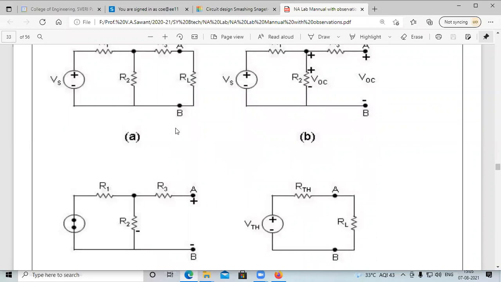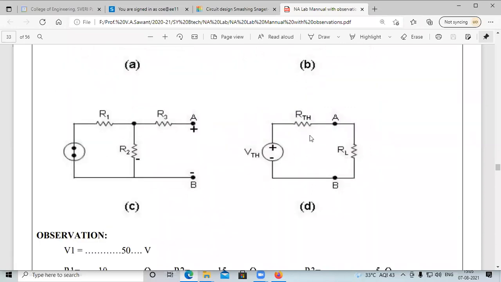Then finally draw the Thevenin's equivalent network. Then calculate the value of IL, or calculate Pmax, which equals VTH square divided by 4 into RTH.